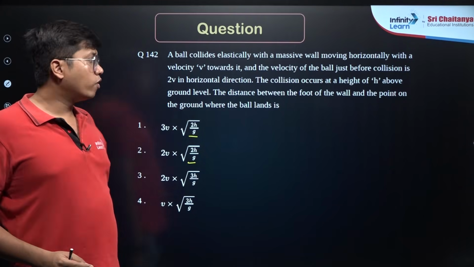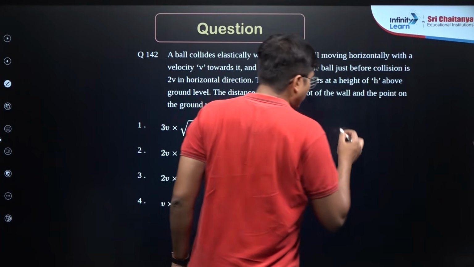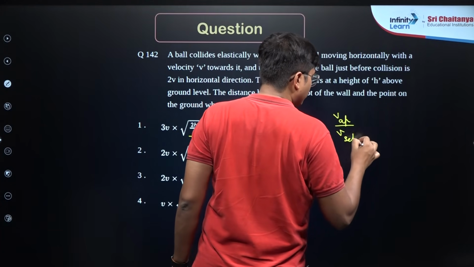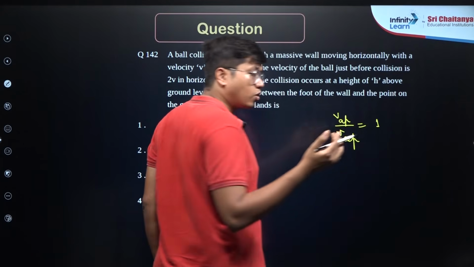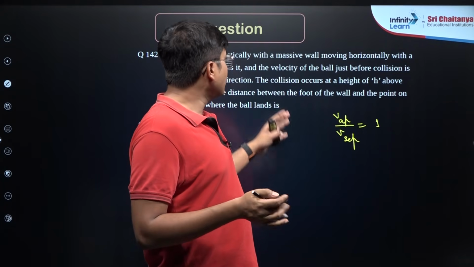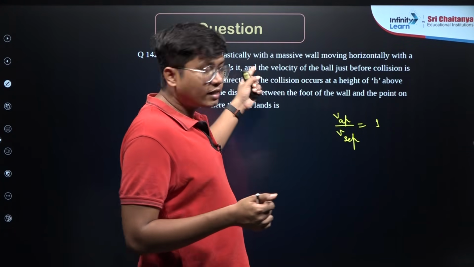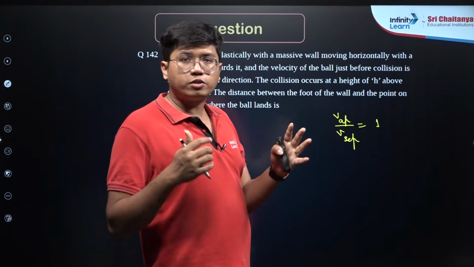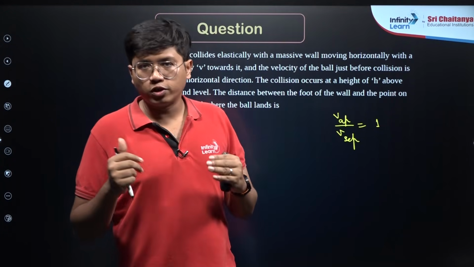Now the velocity of separation by the velocity of approach is equal to 1. That's the coefficient of restitution, because it's an elastic collision, so the coefficient of restitution is 1. What is the velocity of approach? Basically it's the relative velocity before collision.